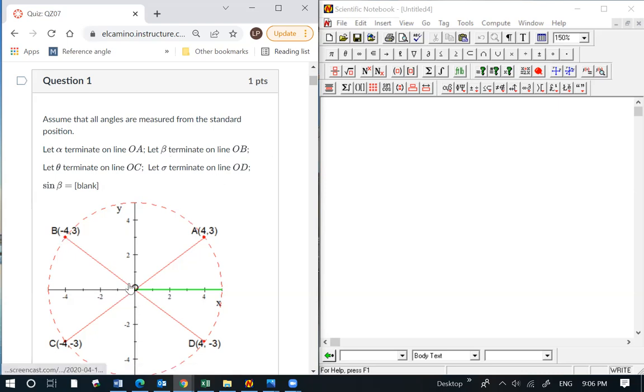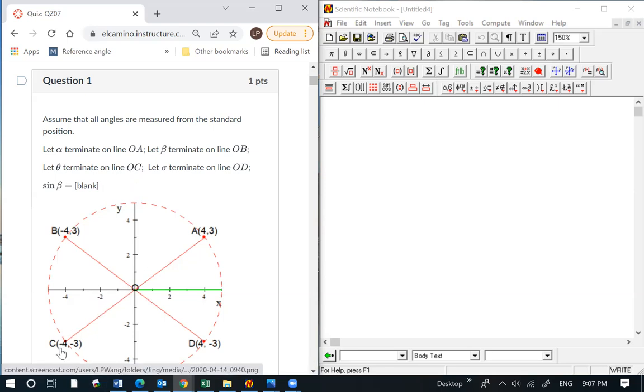The angle could be measured clockwise, counterclockwise, or go around a few times, but anyway, it's a terminal. For each terminal, there can be many different angles, but only the terminal decides the trig function values, the ratios.